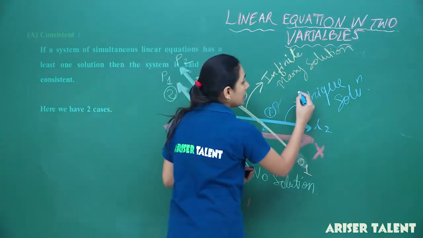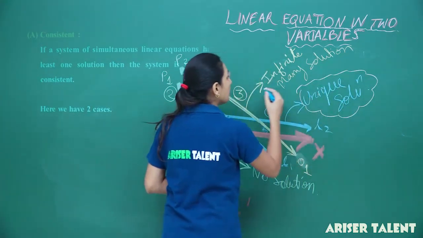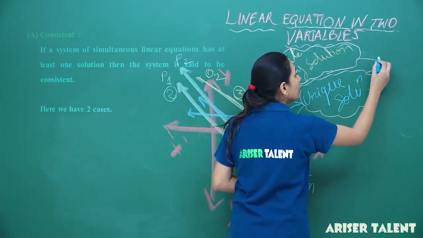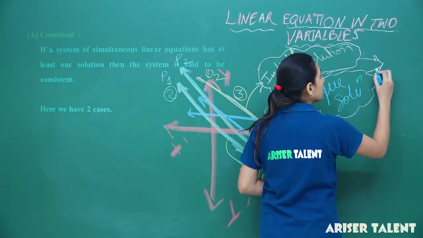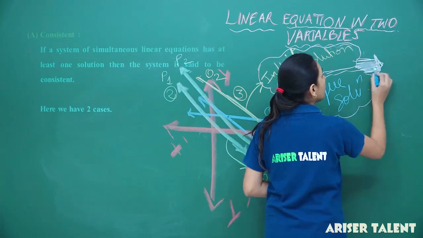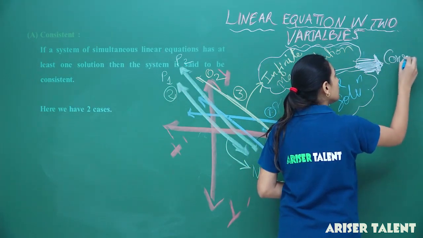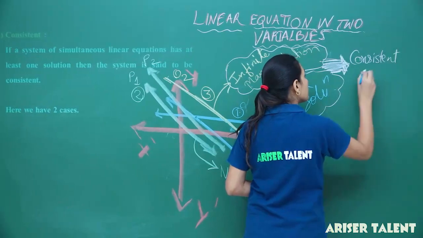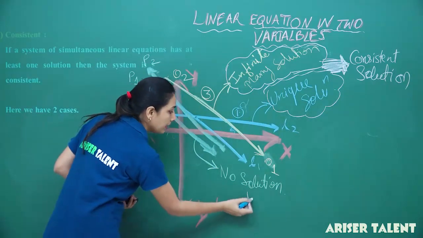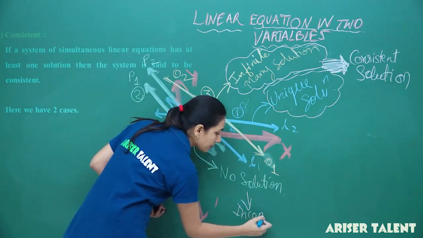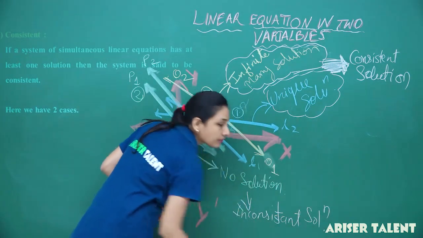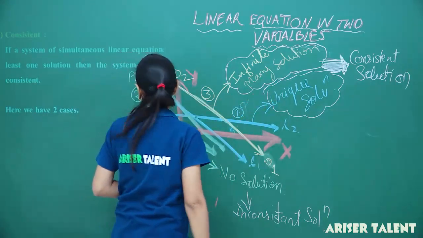That means this portion and this portion, these two portions will go in consistent solution, right? And that will be inconsistent solution. Right, consistent solution and inconsistent solution.